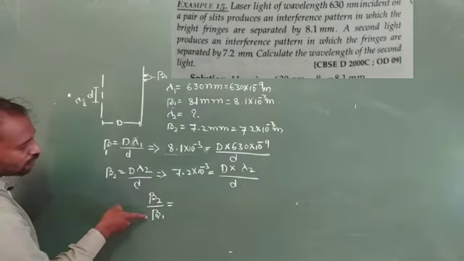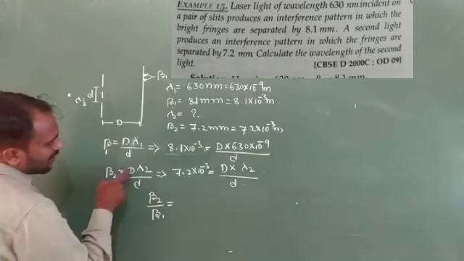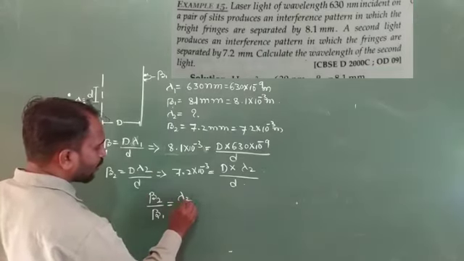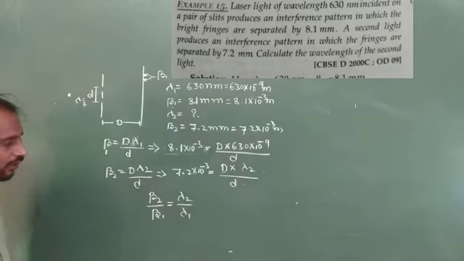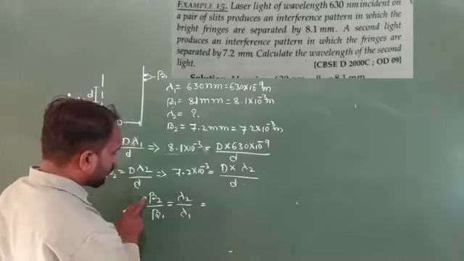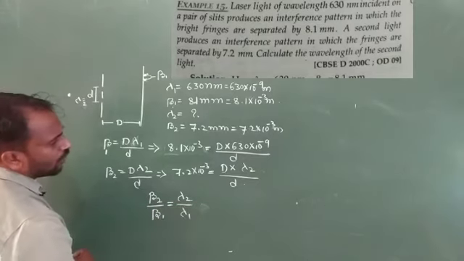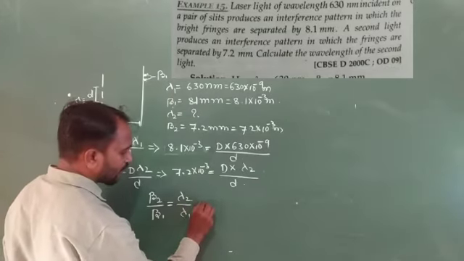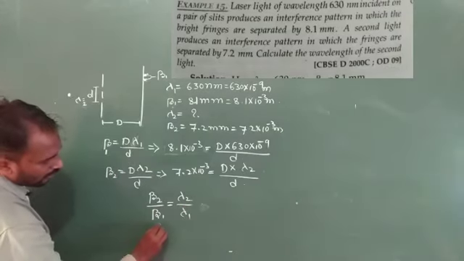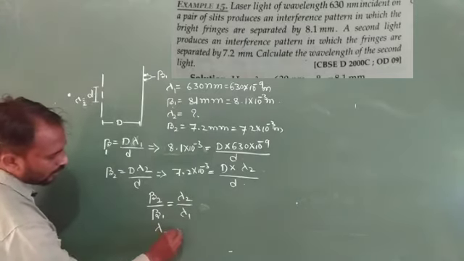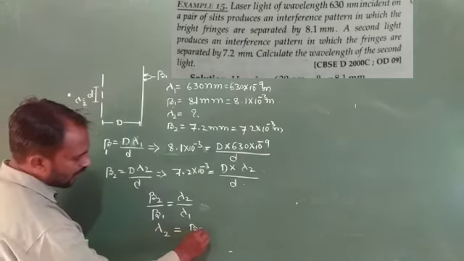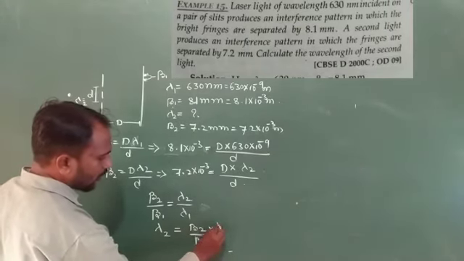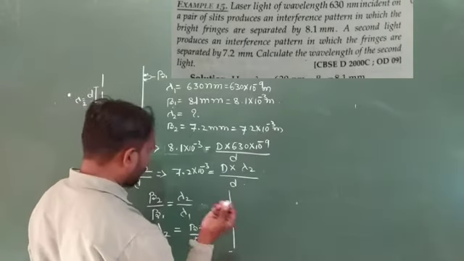So for beta 2 by beta 1, the capital D gets cancelled, and the small d gets cancelled, so we get lambda 2 divided by lambda 1. Okay, so we want to calculate the lambda 2 value. So here we consider the formula lambda 2 is equal to beta 2 divided by beta 1 into lambda 1.